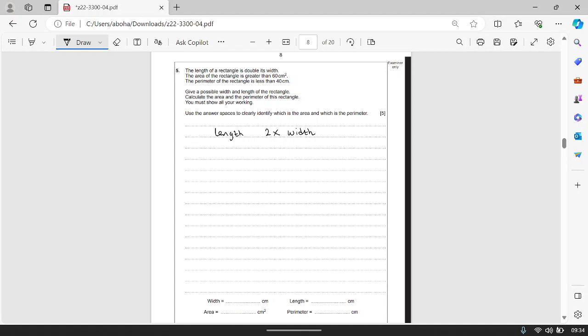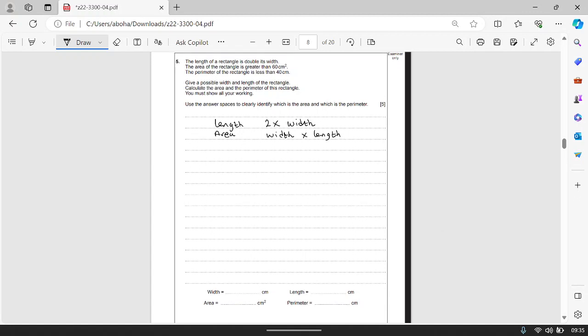We know what the area is: it's going to be the width times the length, and that's going to be greater than 60 centimeters squared. The perimeter of the rectangle is less than 40 centimeters. So we know that the perimeter is going to be less than 40.